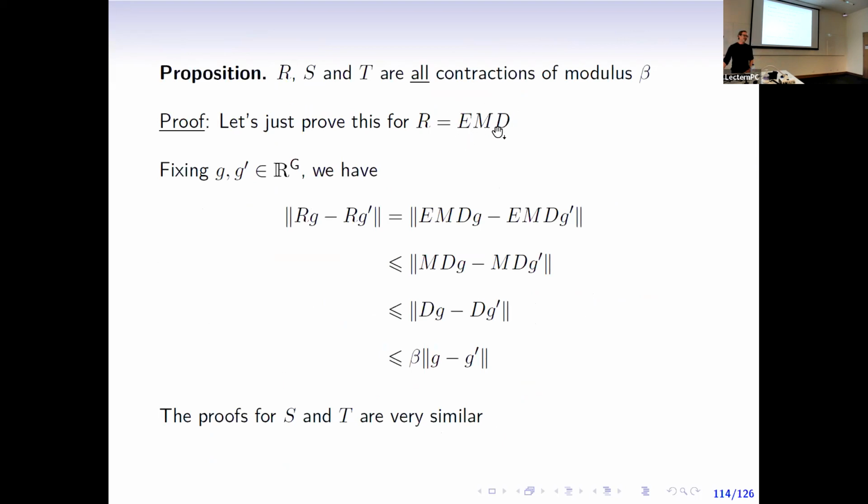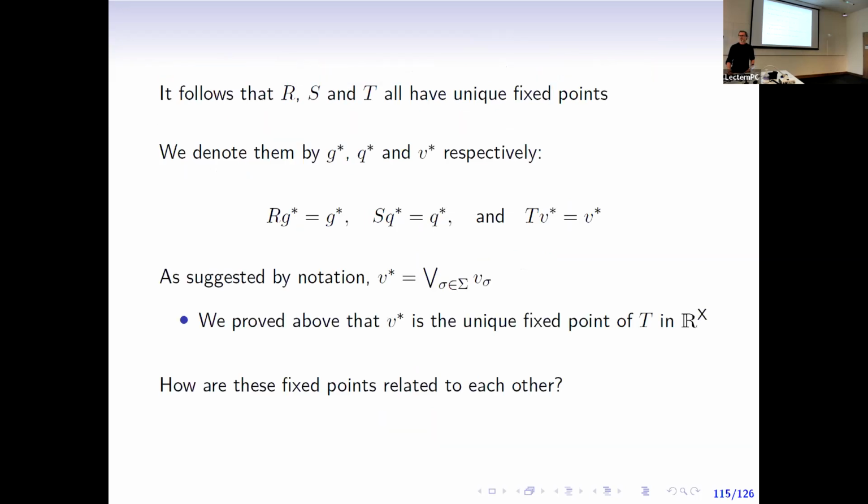This is the Emax that John was talking about. And I apply that to two different functions. Well, E doesn't expand things, and M doesn't expand things, and D discounts things. So they're all contractions. And then we get a whole bunch of unique fixed points.